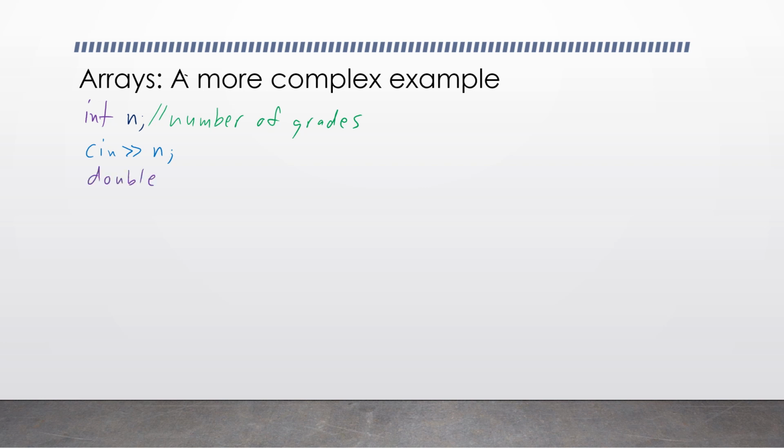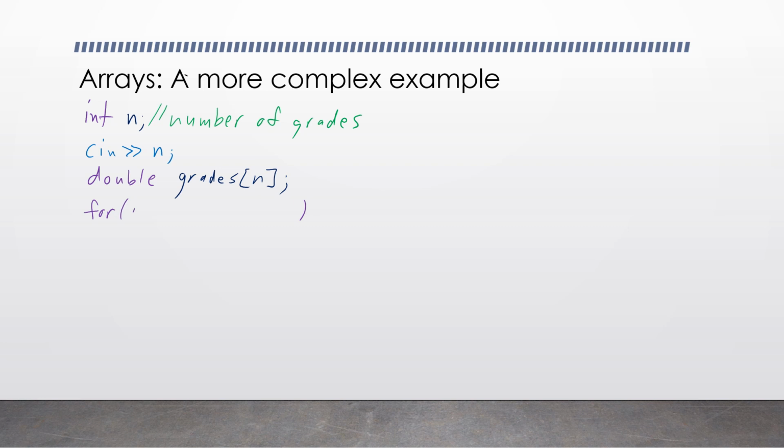Then we'd create double grades of n. Okay. We'd leave that uninitialized because we're about to read in all the grades. Again, I've told you we'll learn about loops later, so just take my word for it that this will do what it's supposed to do. Okay.